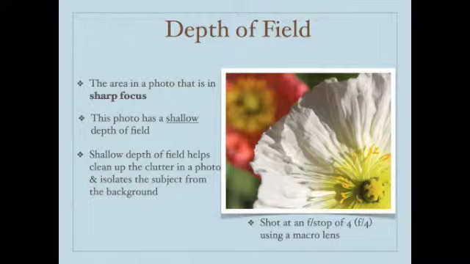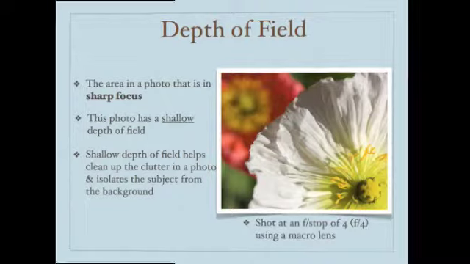I shot this at an f-stop of 4. And what it does is it helps the subject in the front separate from the background. You can imagine if this all was in focus, there would be a lot of clutter in this picture. So by having a lot of light come in at a low f-stop, I can really isolate that front flower from the ones in the back.